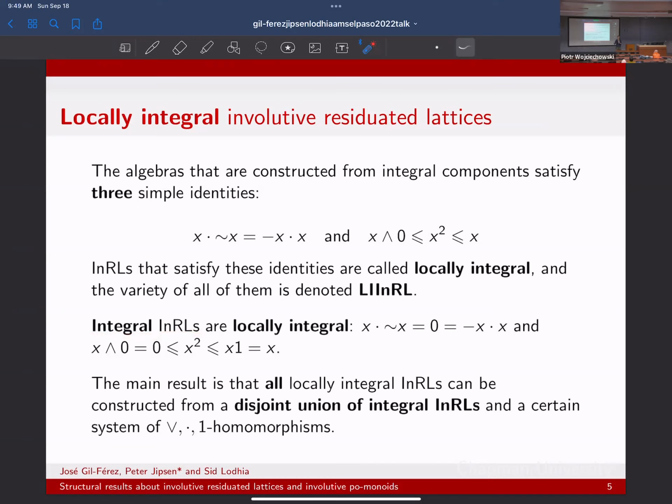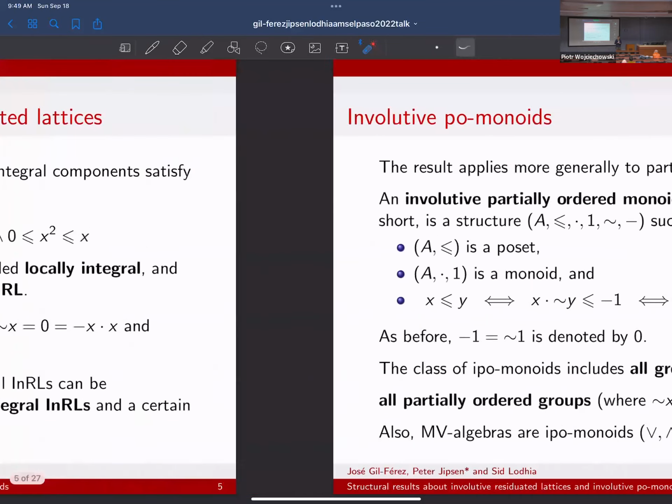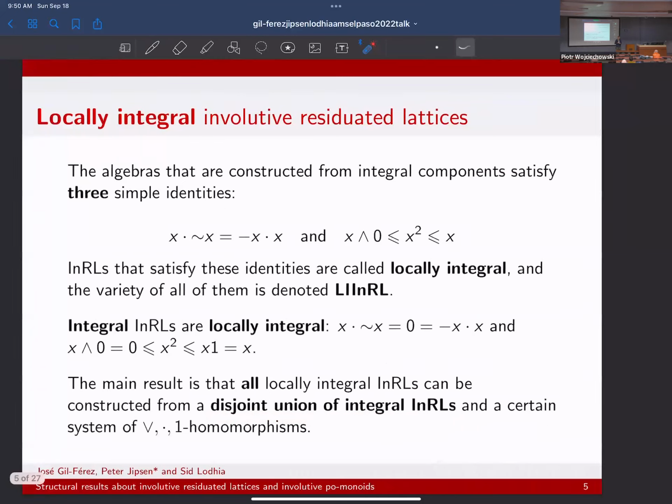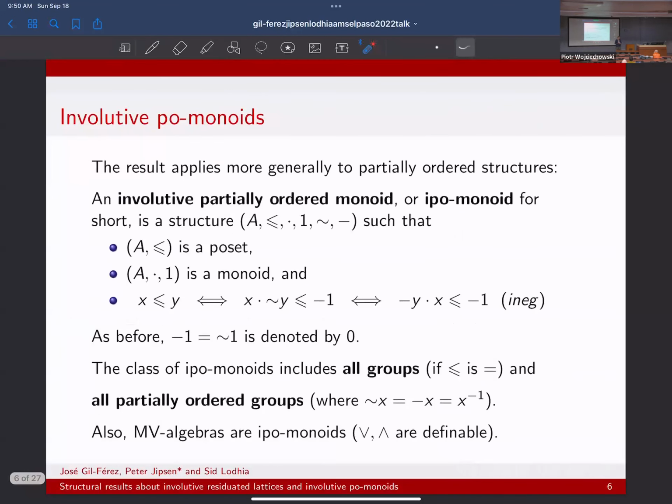So these are part of the variety, and the main result that we'll get to after some details is that you can build the remaining ones as a disjoint union, as you saw on the picture. The other realization is that everything works without the join semi-lattice.